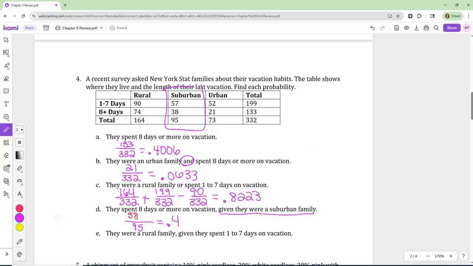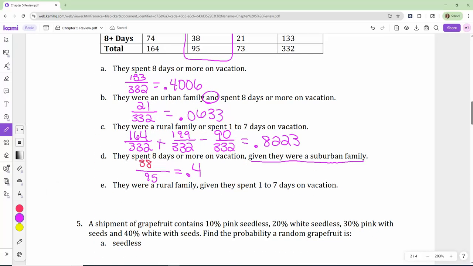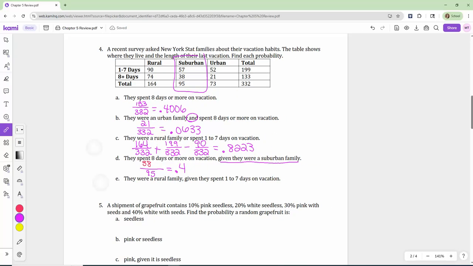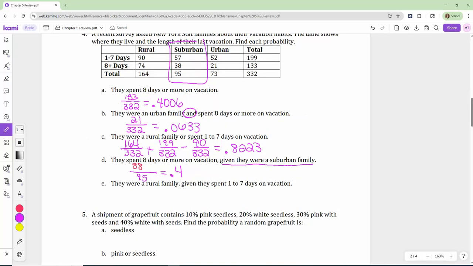E. They were a rural family, given they spent 1 to 7 days. So now, what do I know? I'm only looking at this first row, so my denominator is my 199. Only looking at that first row, how many were rural?